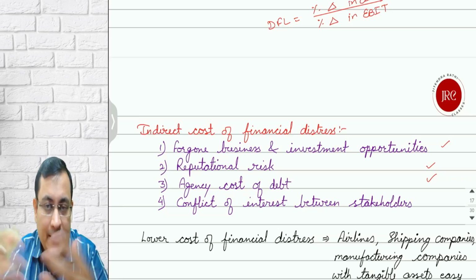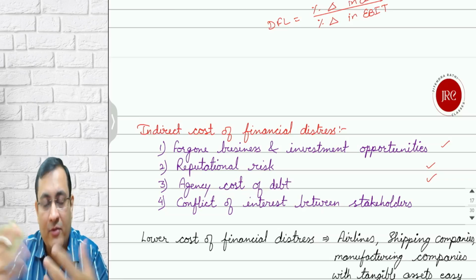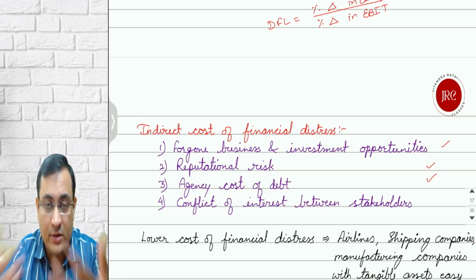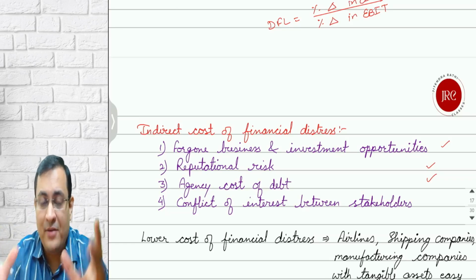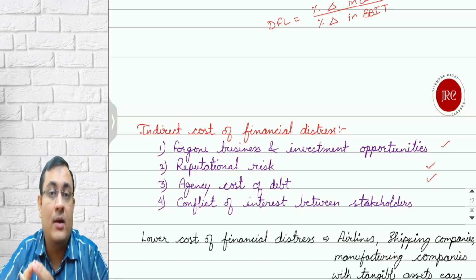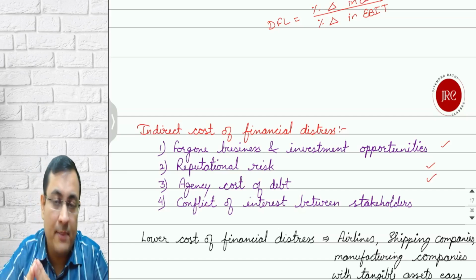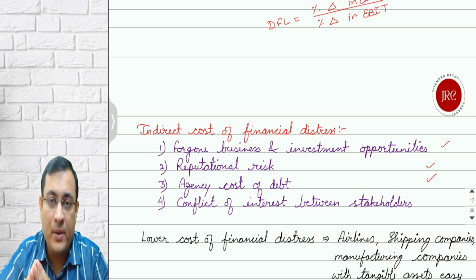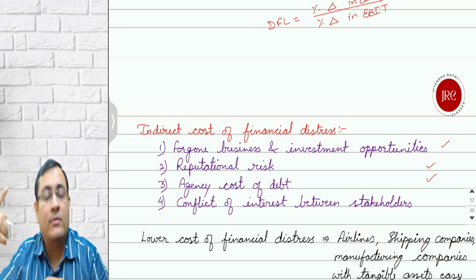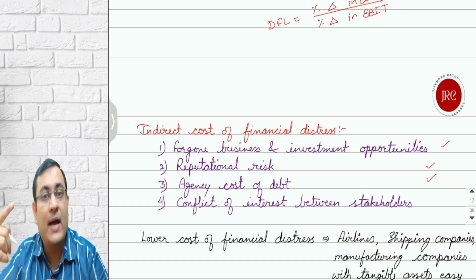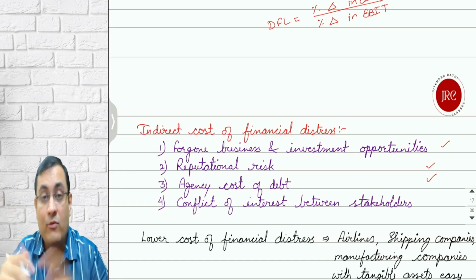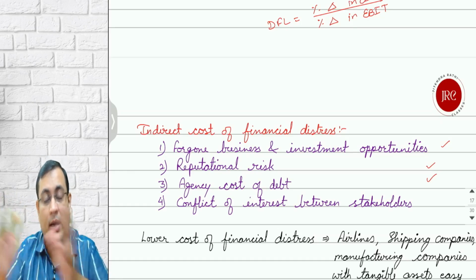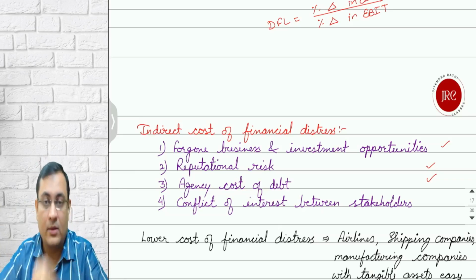Now, how is excessive debt going to create indirect financial distress, which is going to create agency cost? When the company is using heavy, excessive debt in its capital structure, what will happen? The management, or the equity holder, will always have one thought in their mind, that we have to pay interest at the end of this year, at the end of this quarter, at the end of this month.